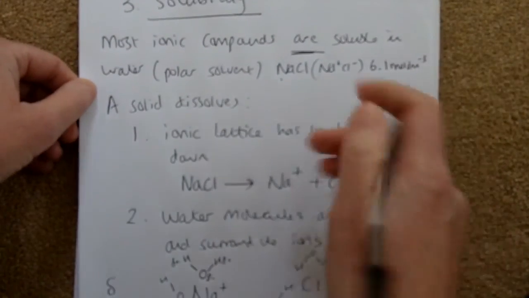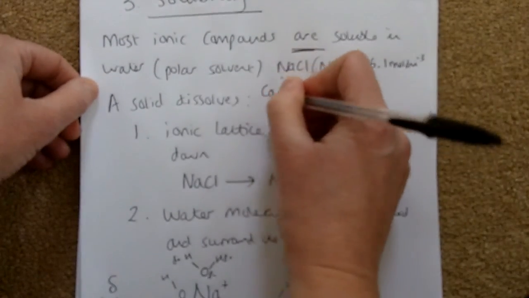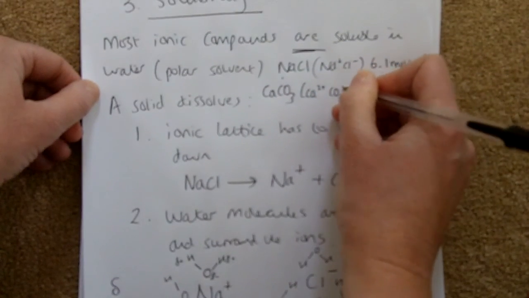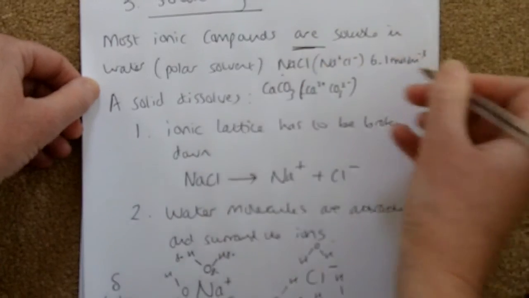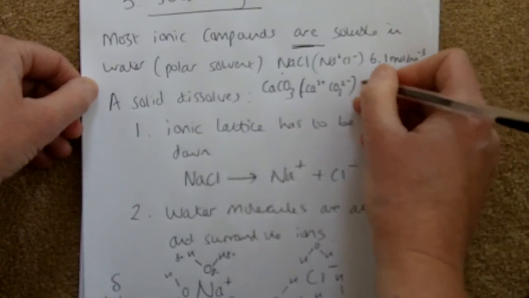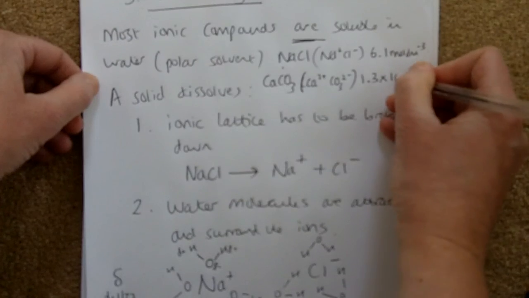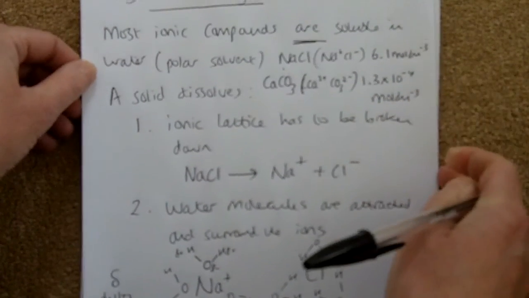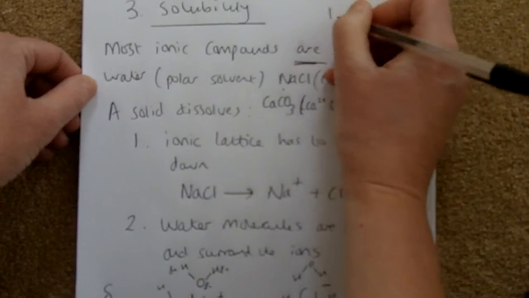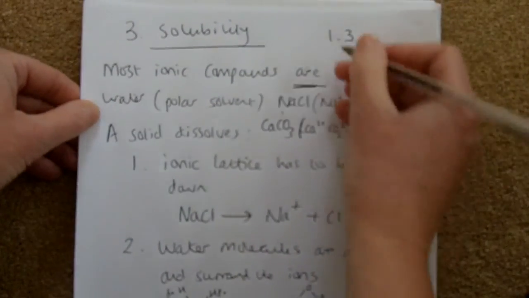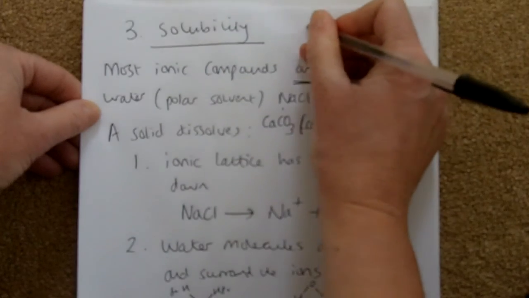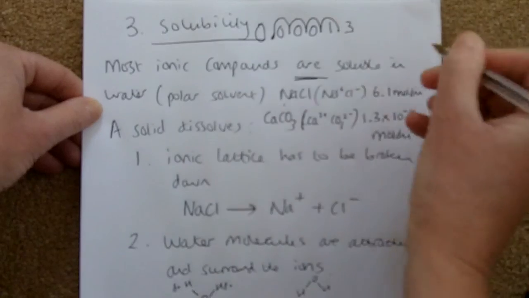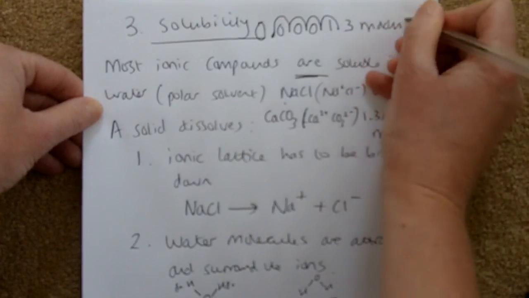Whereas calcium carbonate, with 2+ and 2- ions, has a solubility of 1.3 times 10 to the minus 4 moles per decimeter cubed, which is 0.00013 moles per decimeter cubed.